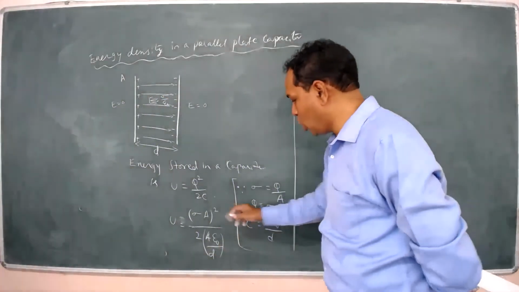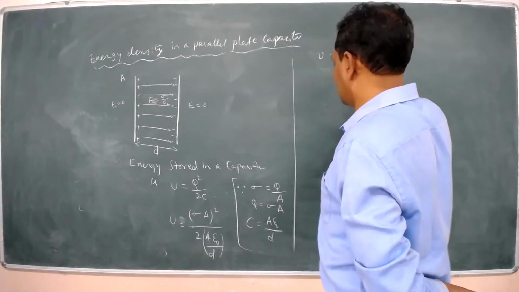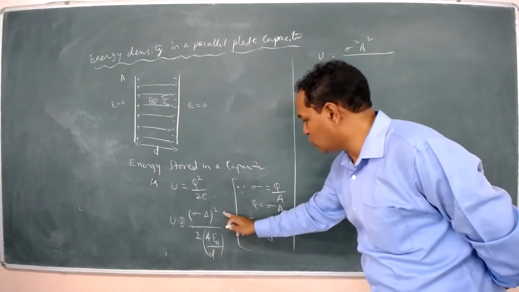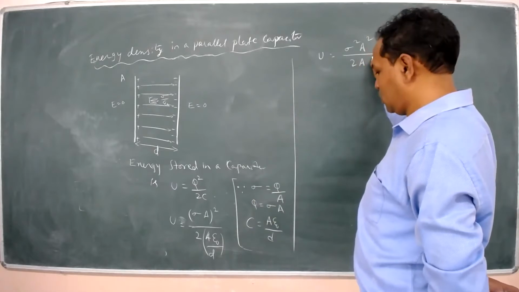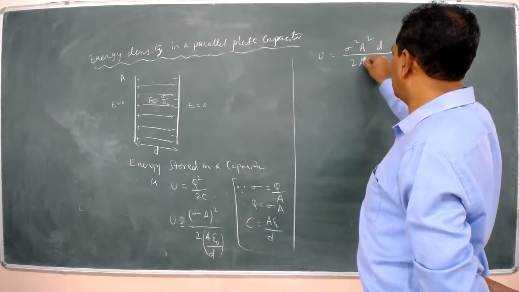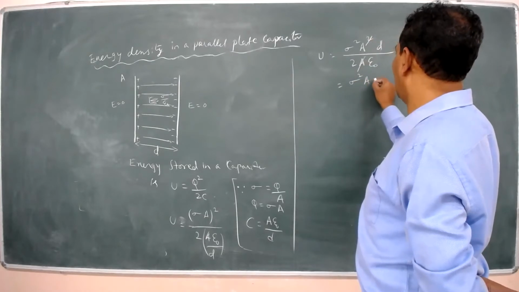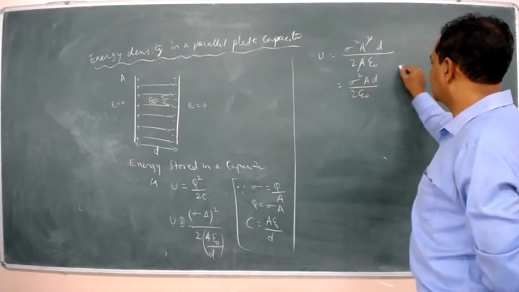Therefore, this D will go up, and I can write U is equal to sigma square A square D divided by 2A into epsilon naught. Here A and A will get cancelled. That is, I am getting sigma square A D by 2 into epsilon naught.